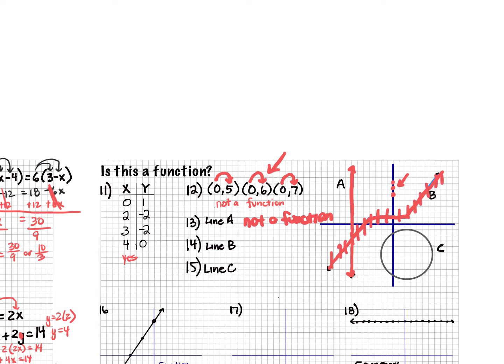We're fine, that's good. And for C, if I draw a straight line anywhere, I'm going to hit 2 spots. So I have 2 spots on the circle graph that are fighting over the same number. They're right on top of each other, so not a function. So it was yes, no, no, yes, no.